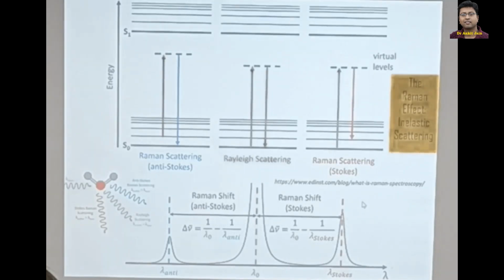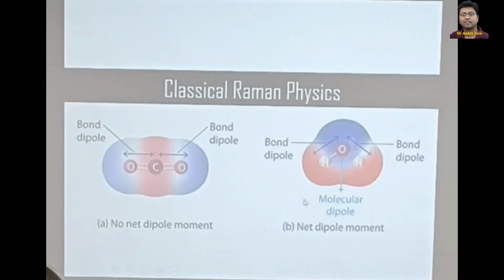And now we will see some classical physics, the physics behind our Raman spectroscopy. So if this is considered as a molecule, this is C double bond O, C double bond O, this is a CO2 molecule, a symmetric system. These two dipole moments cancel each other.